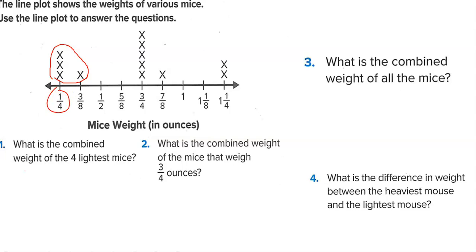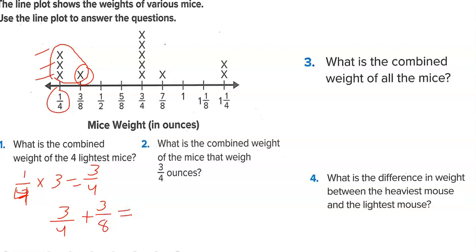Here 4 mice. But how do you know the number? Here 1/4, I multiply it by 3. You know why? Because it's repeated 3 times. So 3/4. And here I have only 3/8. So I add them. 3/4 plus 3/8, but I cannot add until denominators are the same.